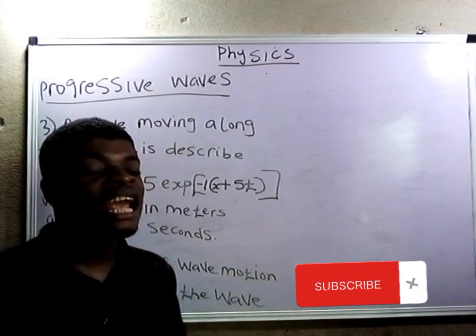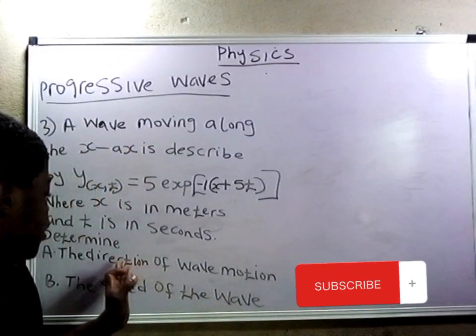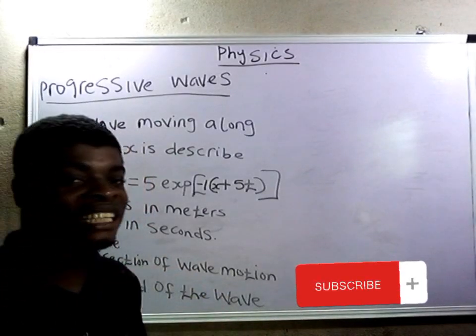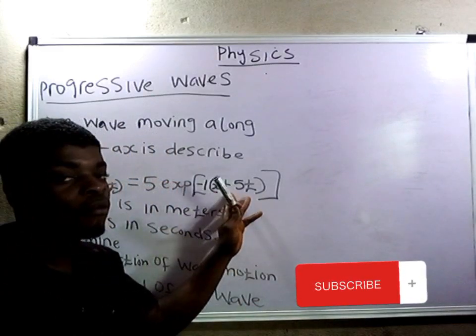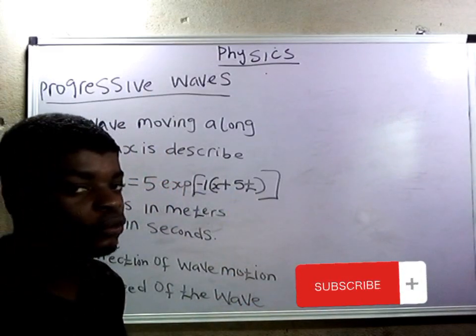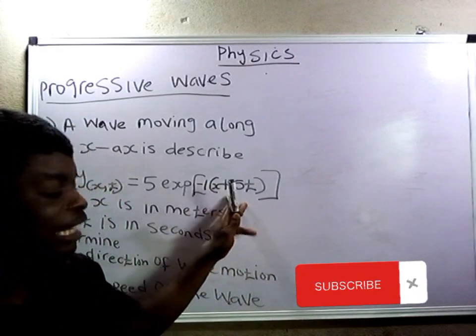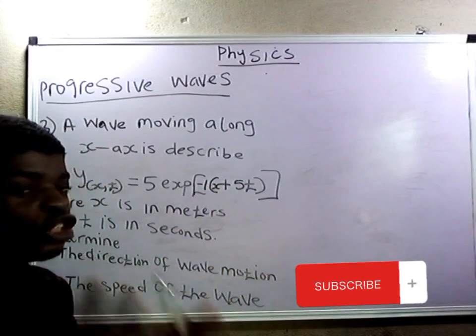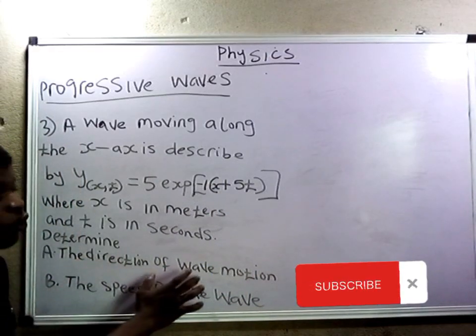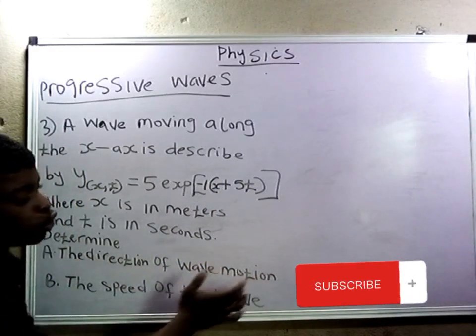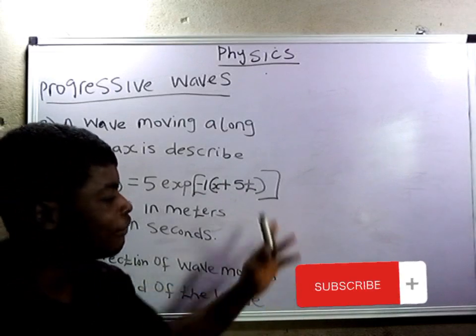Looking at it, earlier I talked about the direction of the wave. I told you that if it has a minus sign here, it's moving in the positive direction. But if it has a plus sign here, it's moving in the negative direction. So it can be deduced that the solution for a, the direction of the wave motion, is moving in the negative x direction because it has a plus sign.